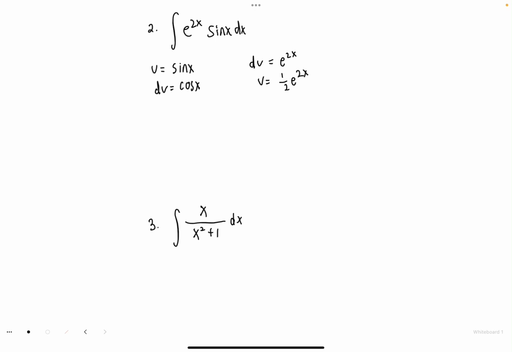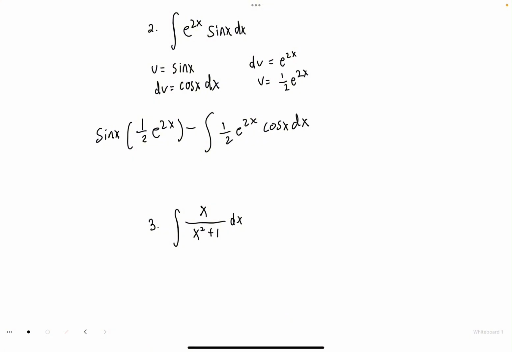So now we can utilize the integration by parts formula, which is u times v first. So we can do sine x times 1/2 e to the 2x minus the integral of, let me just add a dx because that was supposed to be there, 1/2 e to the 2x cosine x dx.